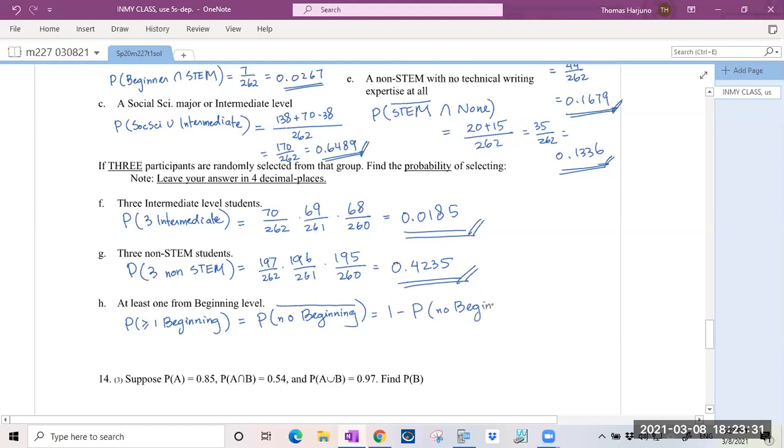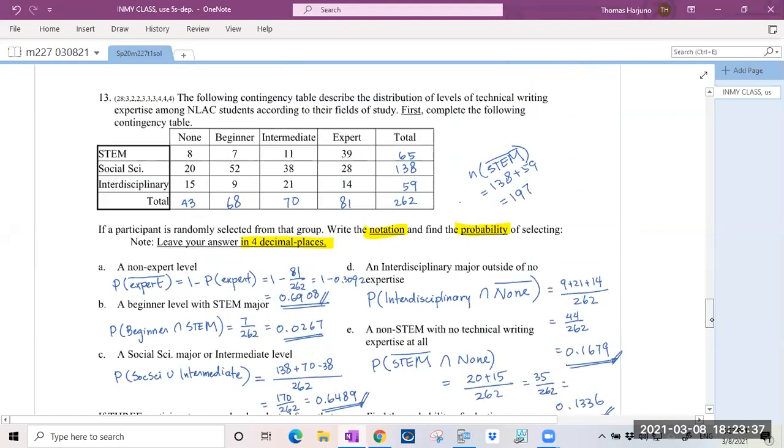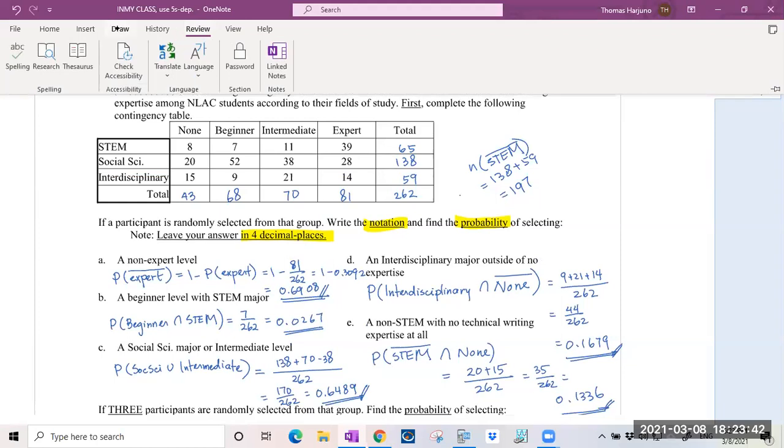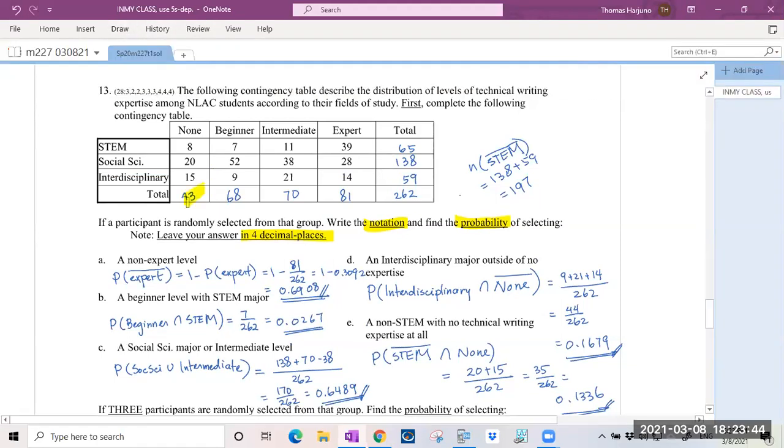Now, how many people not in beginning? How many people not in beginning is this guy, this guy, this guy, right? So 43 plus 70 plus 81, that's 194.